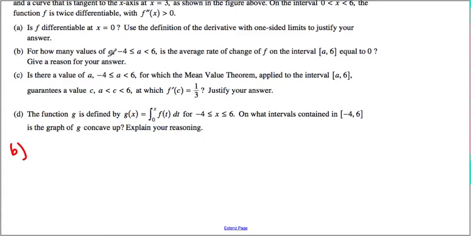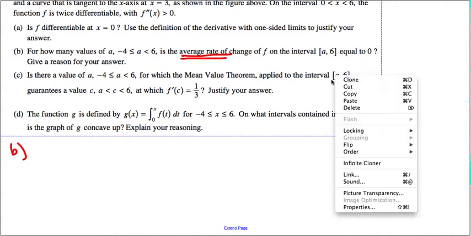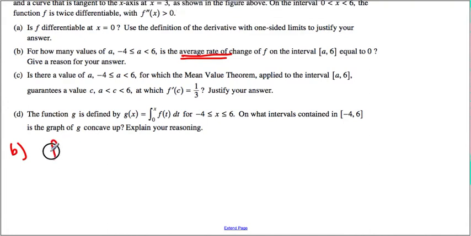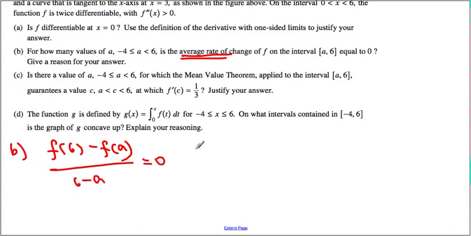Now, let's look at part B. For how many values of A is the average rate of change equal to 0? Average rate, we're talking about the slope of the secant line, where the slope is equal to 0. That means f of 6 minus f of A over 6 minus A has to be equal to 0.